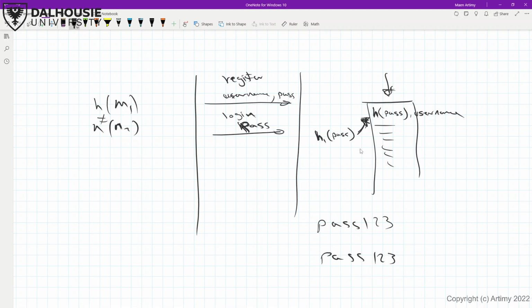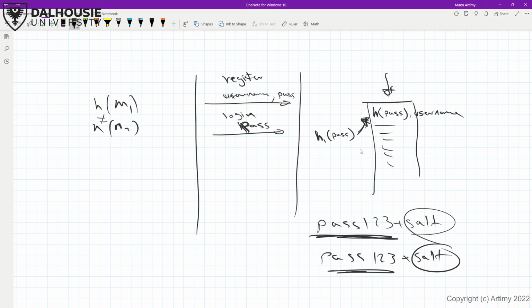Salt is an extra random number that makes sure that even if the users put the same username or the same password, this number is different for both of them, so the hash will never be the same.